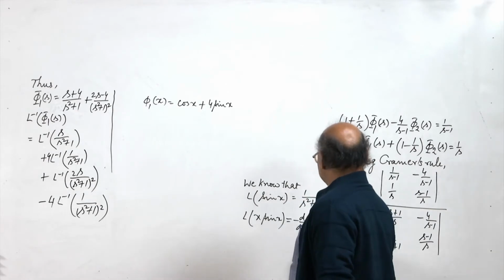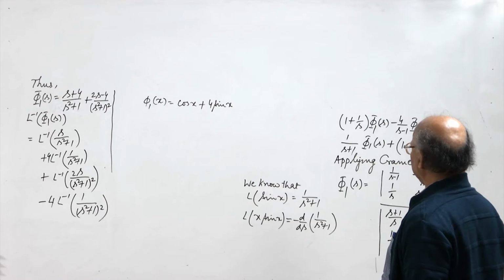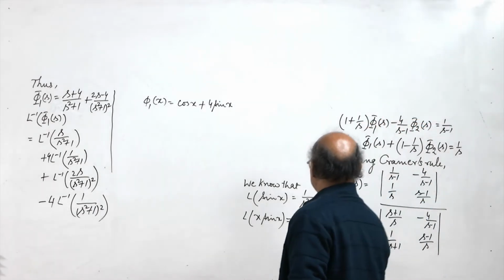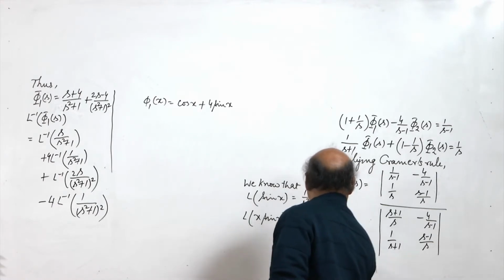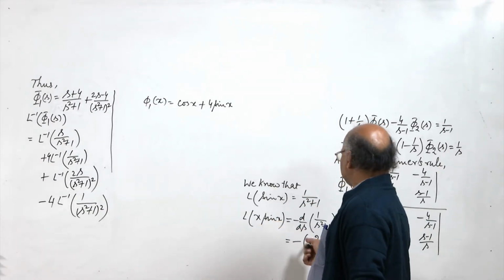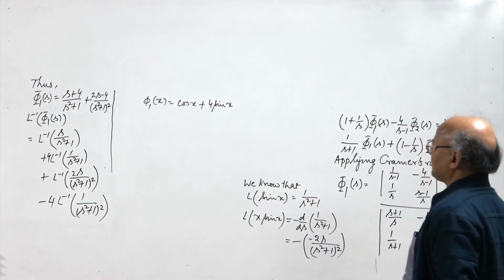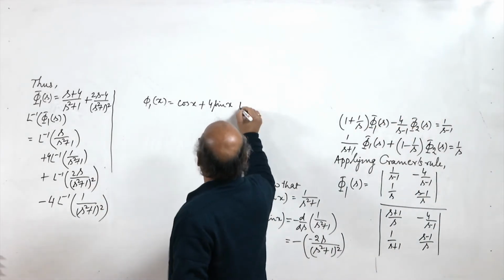Now when you differentiate 1 over s square plus 1, what you get is minus 1 upon s square plus 1 whole square into 2s. So we get minus 2s upon s square plus 1 whole square. Minus becomes plus. So Laplace transform of x sin x is 2s upon s square plus 1 whole square. So L inverse of 2s upon s square plus 1 whole square is x sin x.